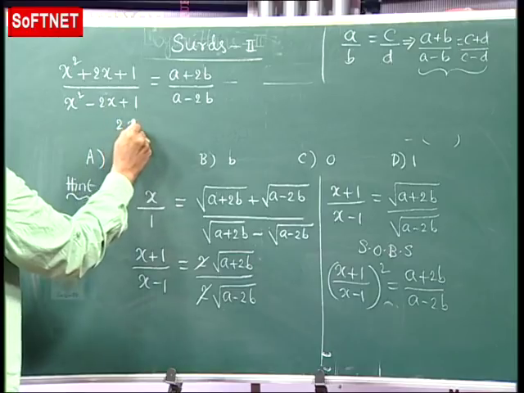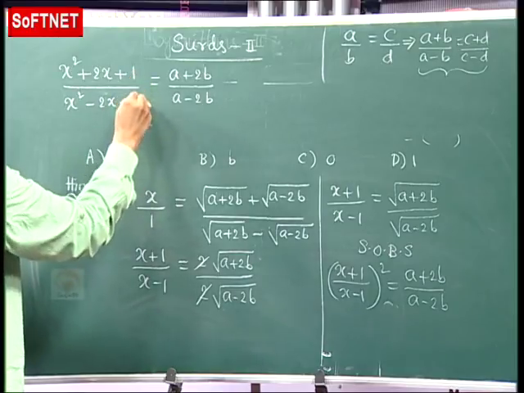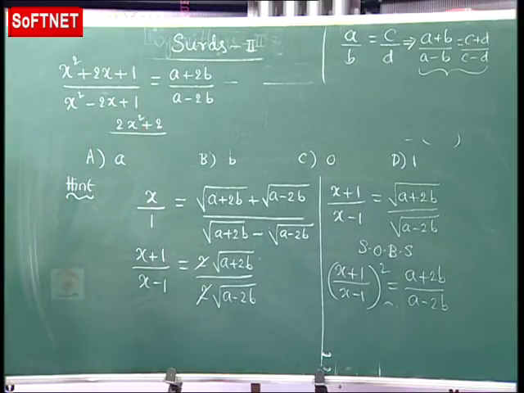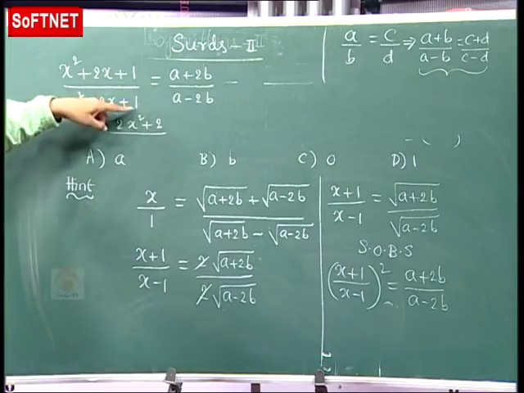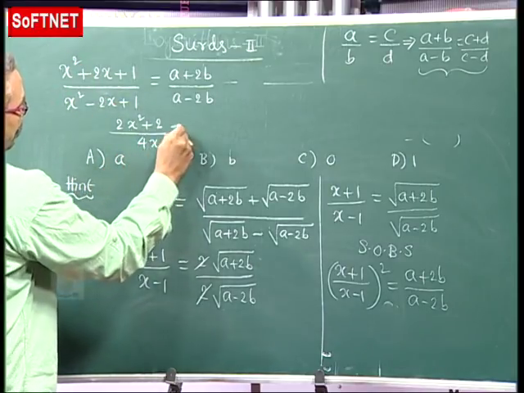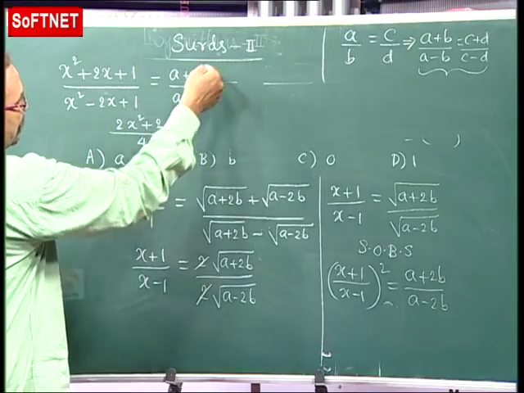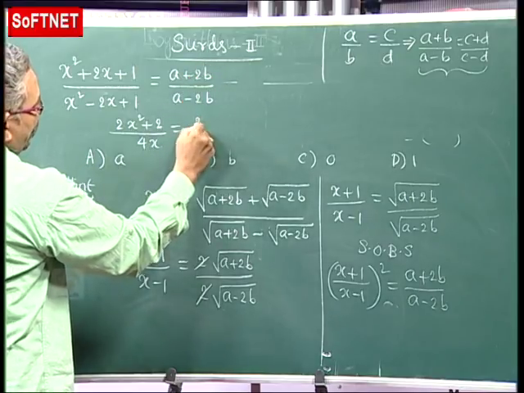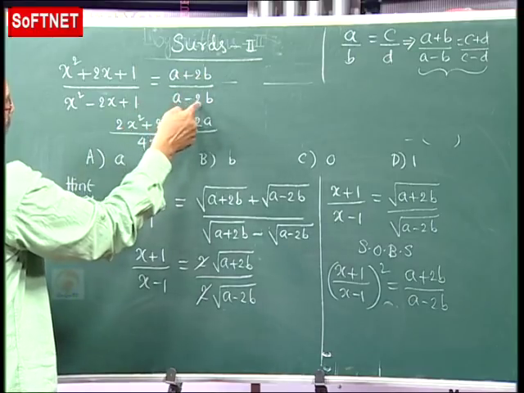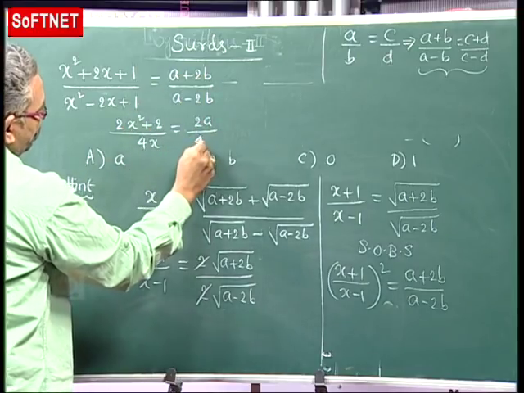We get 2x square, 1 plus 1 is 2, by this minus this, x square cancel, 1 cancel, we have 4x is equal to this plus this, 2b cancel, 2a by a plus 2b minus a plus 2b, a cancel, 4b.